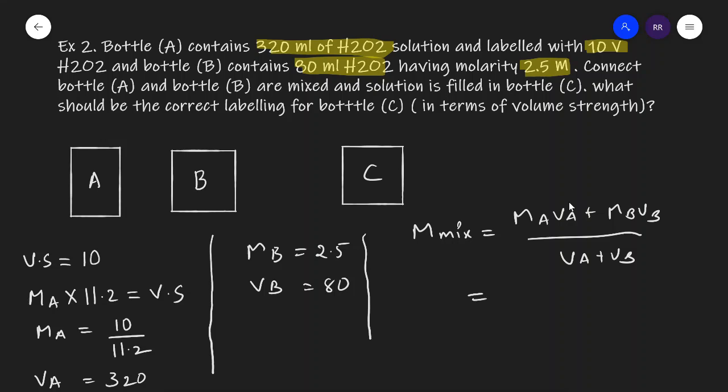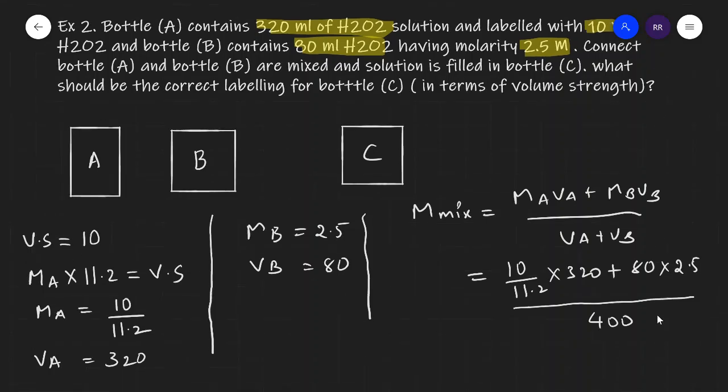So the molarity of the mixture in bottle C will be MAVA, which I can take as 10 by 11.2 into 320, plus MBVB, 80 into 2.5, by 320 plus 80, 400.